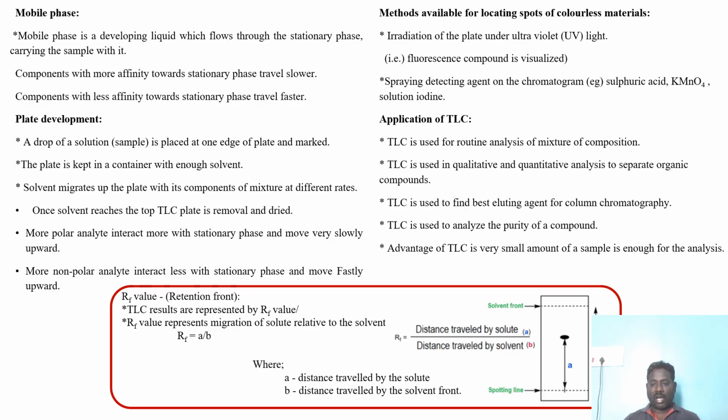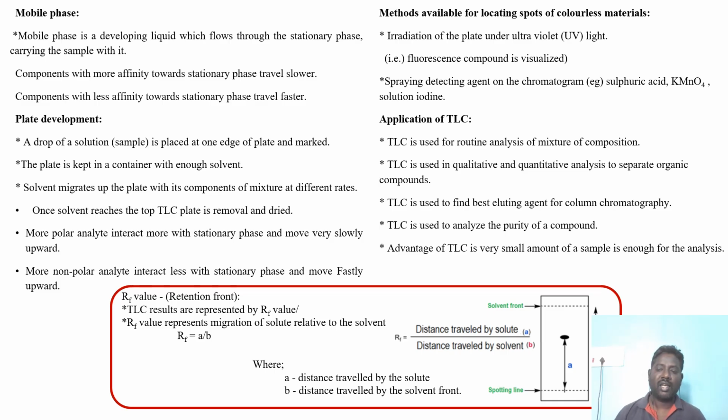After keeping this spotted plate in a container with the solvent, the solvent migrates up the plate with components of the mixture at different rates. This difference in rate is due to the affinity of a sample towards the stationary phase. Once the solvent reaches the top of the TLC plate, it is removed and dried.